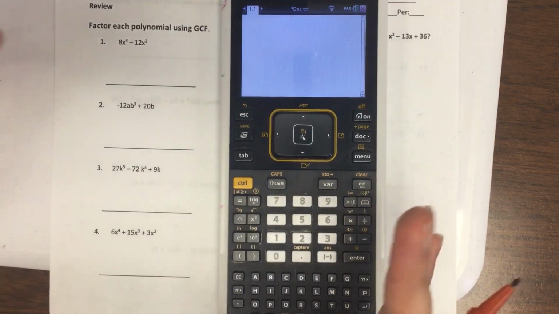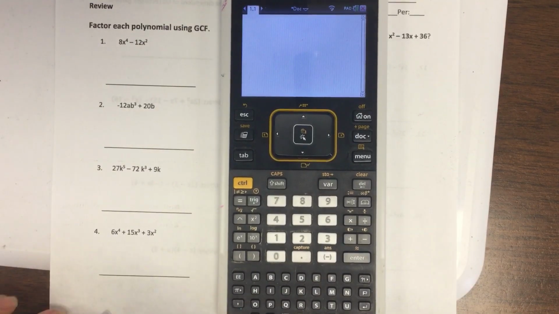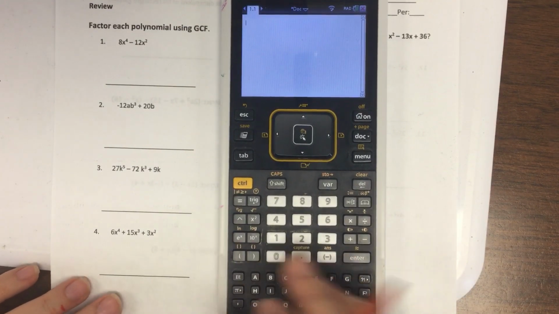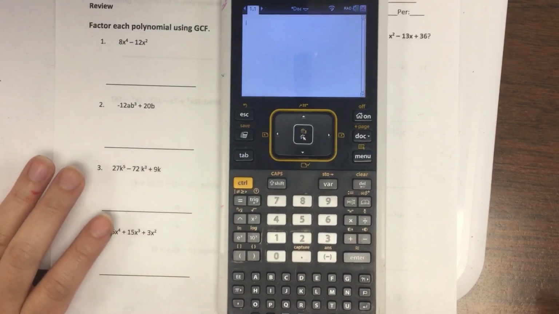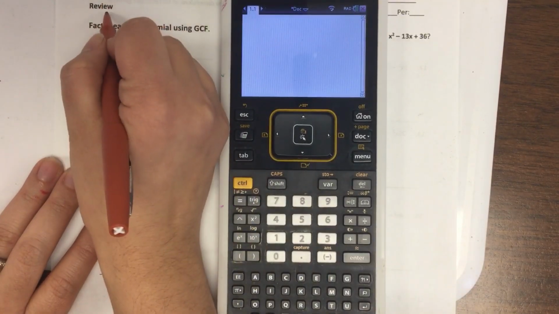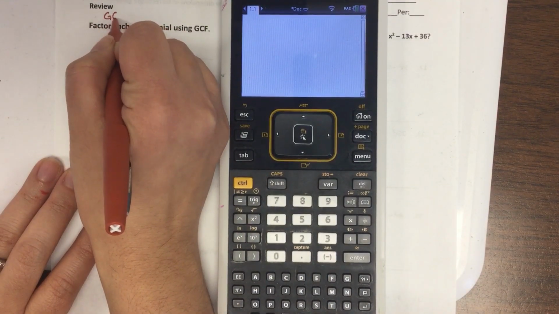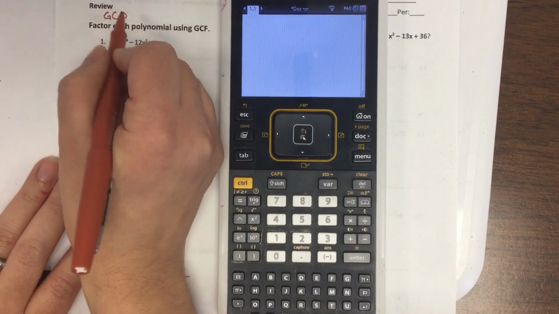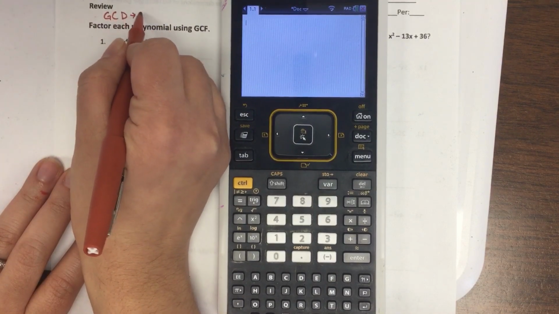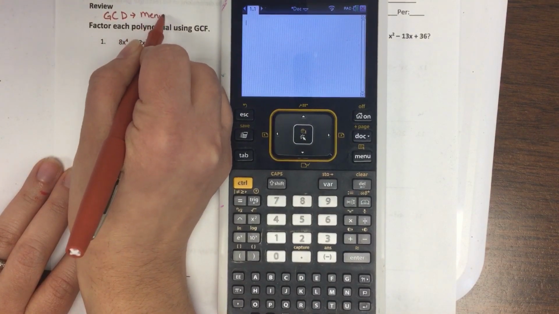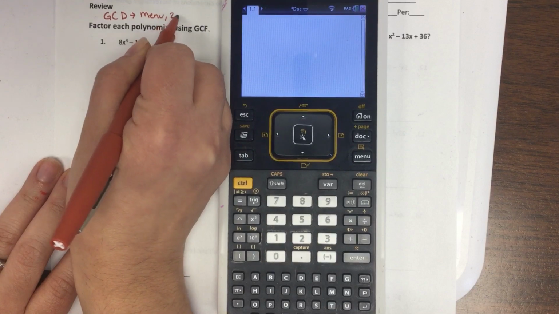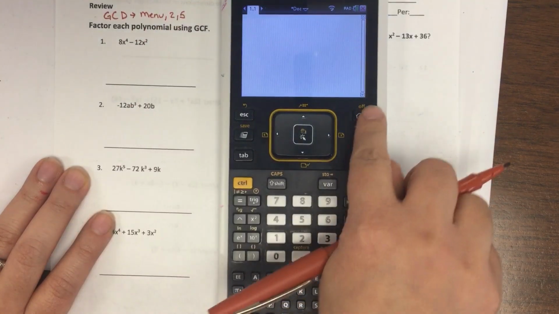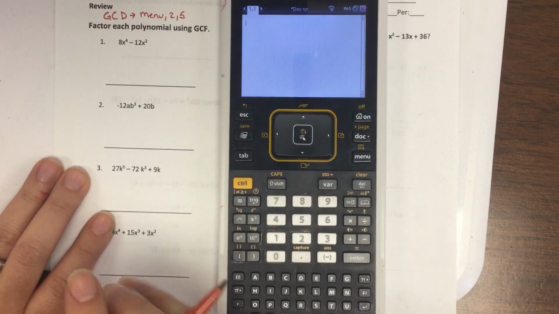So going back to the first 4, finding the GCF, the greatest common factor, also known as the greatest common divisor in your calculator. We can do this by going to menu 2, 5, and you can only type the numbers.